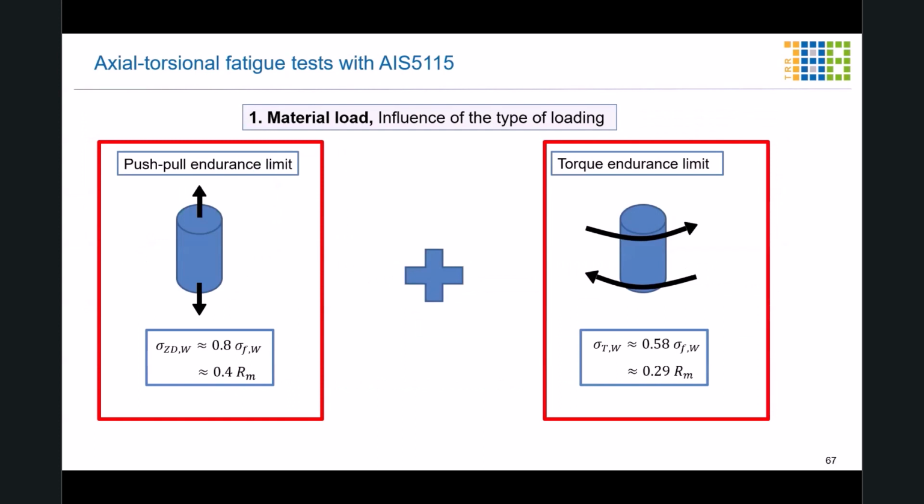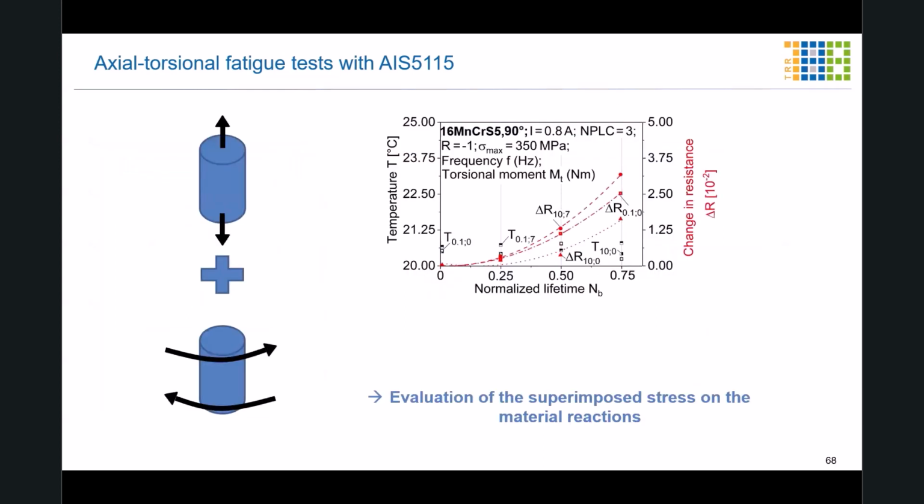The last part that I will try to discuss is the axial-torsional fatigue test within the TRR 188, where we have a superimposed torsion on top of the tension-compression testing. There we see with the change in resistance, which can describe the damage accumulation within the fatigue test, that a superimposed torsion in comparison to axial fatigue testing leads to a faster damage development.